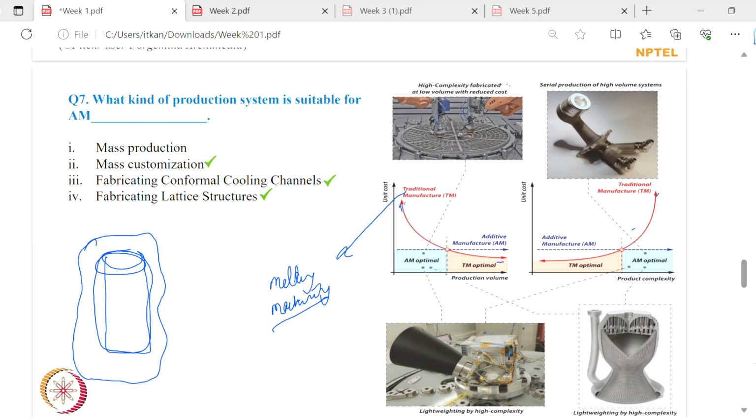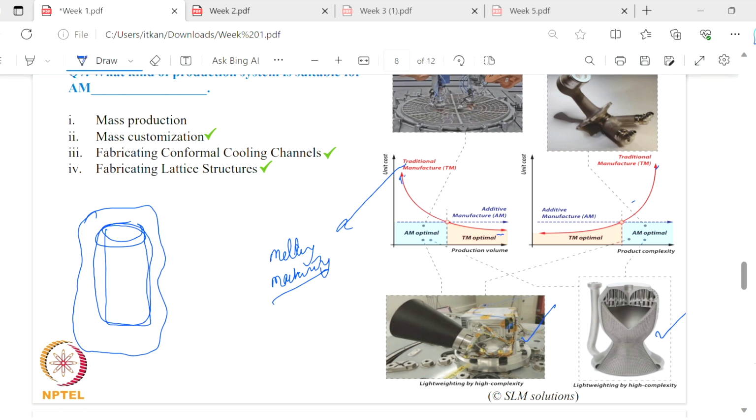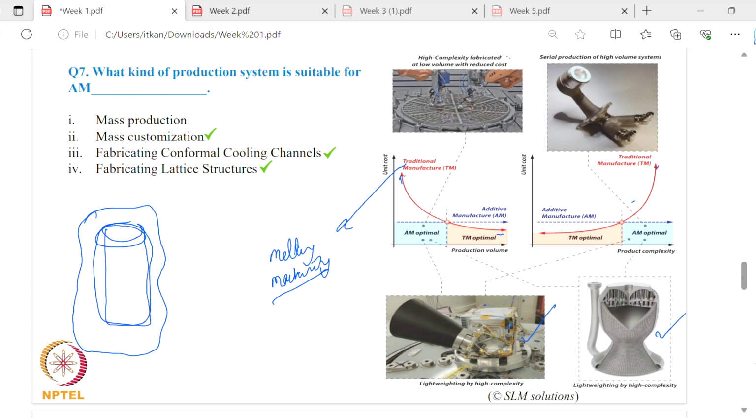Next, here we have a serial production of high volume system, and here we have light weighting by high complexity. Here we should use additive manufacturing. Here also we have light weighting by high complexity, so we should use additive manufacturing.